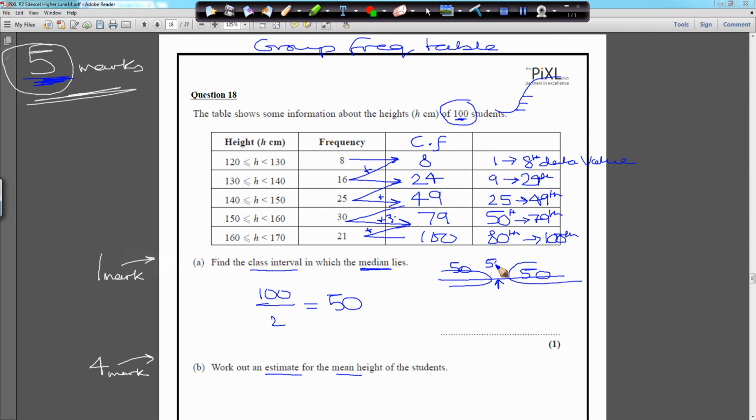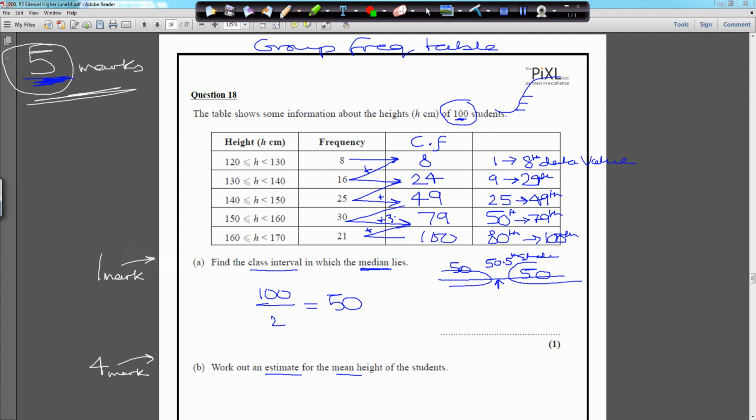So technically it's actually the 50.5th student. That's how we do it technically. But for the sake of this question, we can look for the 50th data value.